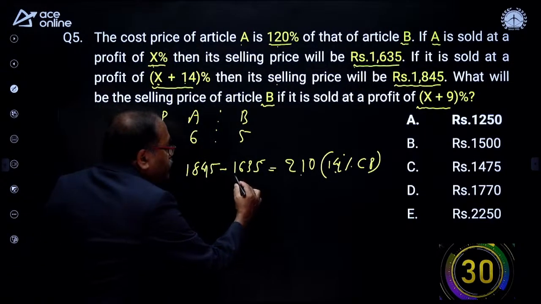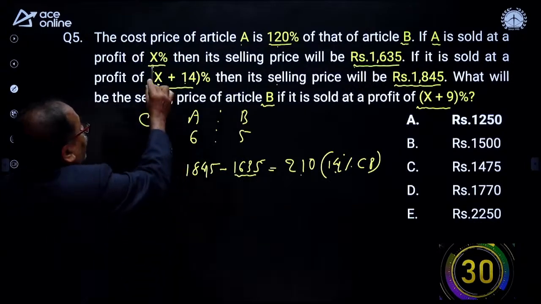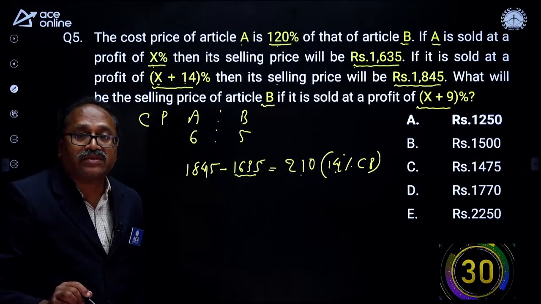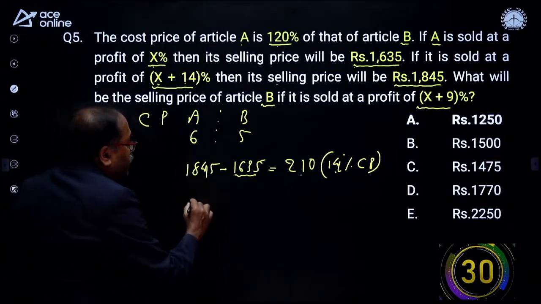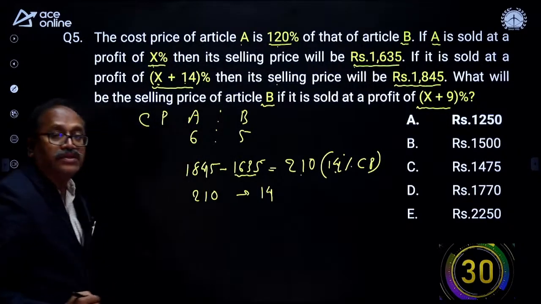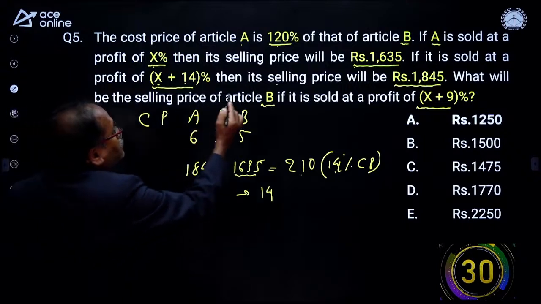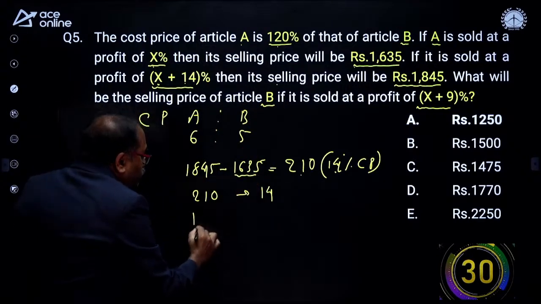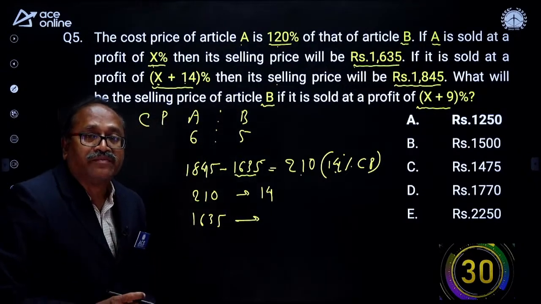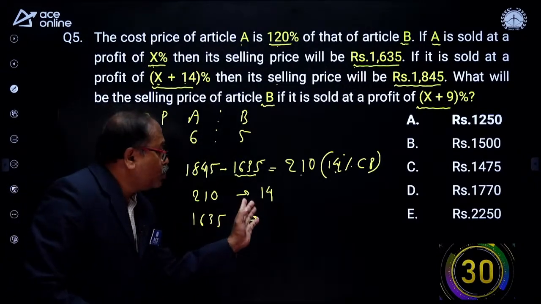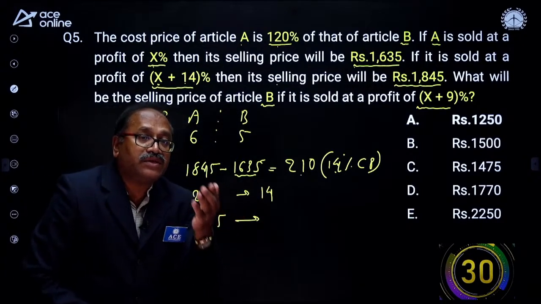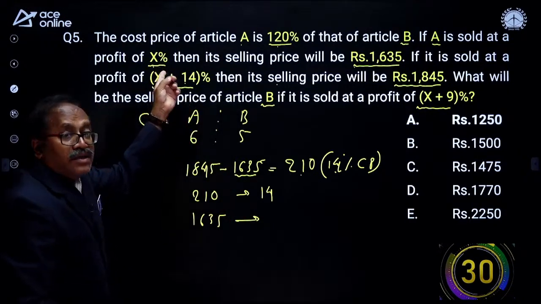Then the selling price given over here, which has X% profit, is what percentage of the cost price? 1635 is what percentage of the cost price? This is the selling price, so whatever extra percentage I get, that will be the profit percentage, and that represents X.